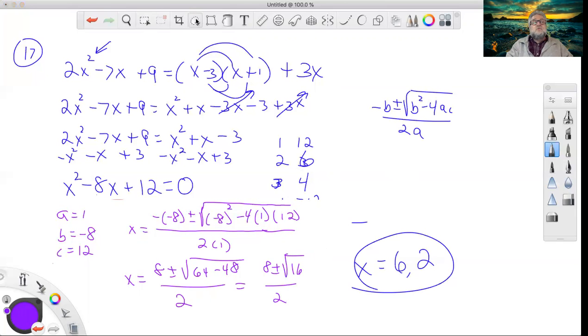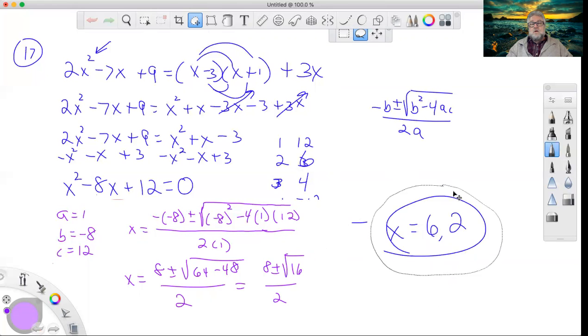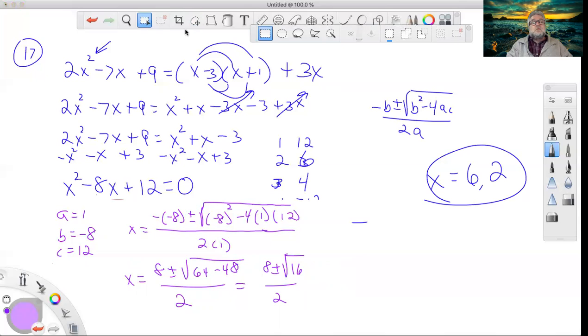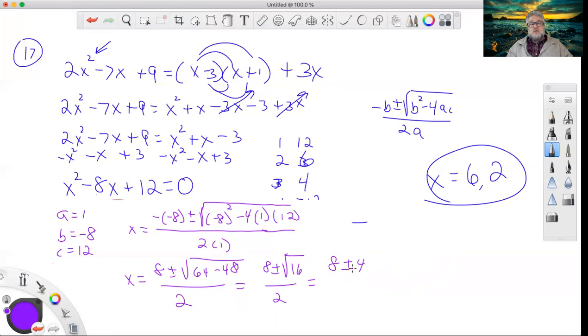So let's move this. Okay, there we go. Okay, we back on pen? Yeah, we are. So this is going to be 8 plus or minus 4 over 2.